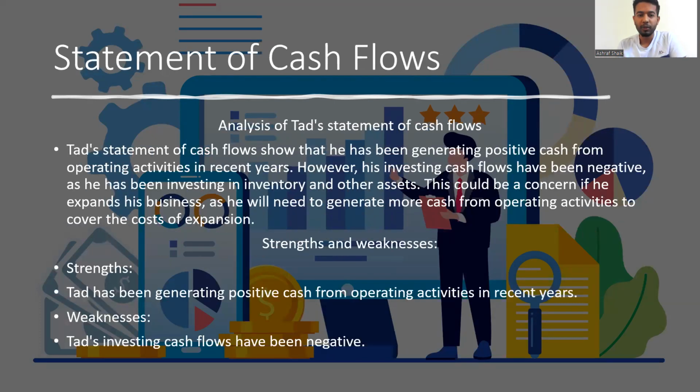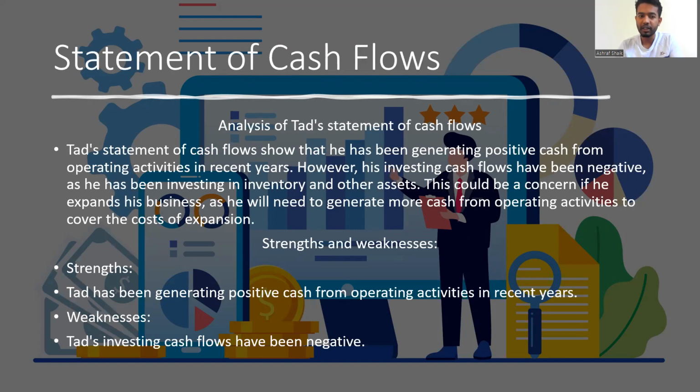So the analysis of the statement of cash flows for TAD's business is that TAD's statement of cash flows shows he has been generating positive cash from operating activities in recent years. However, his investing cash flows have been negative as he has been investing in inventory and other assets.